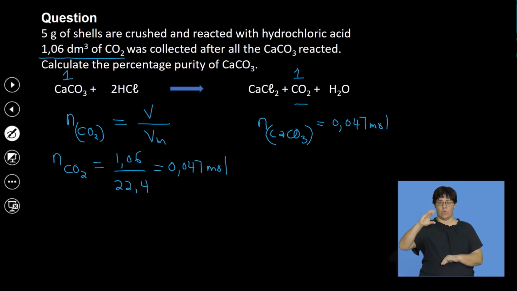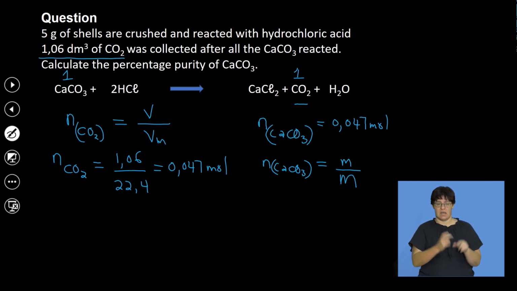Now, I would also ask ourselves, what's the mass of 0.047 moles of calcium carbonate? We would know that, again, the moles of calcium carbonate is equal to the mass over the molar mass. We know that this is 0.047, and the molar mass of calcium carbonate is actually 100 grams per mole.